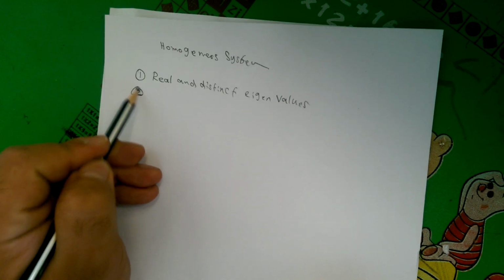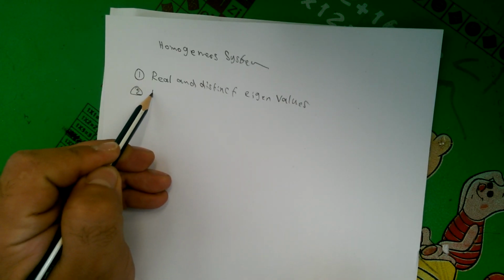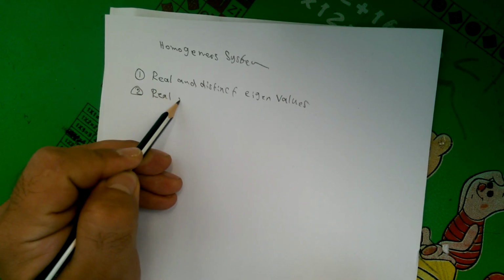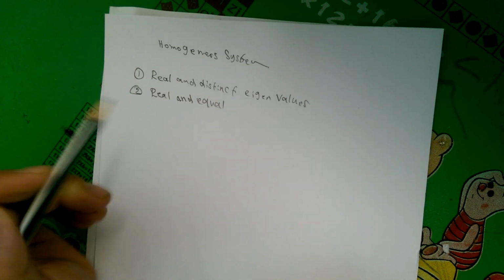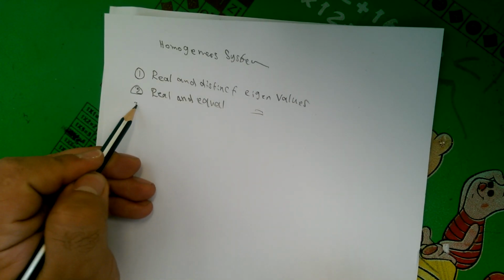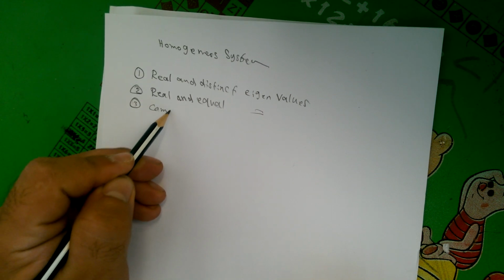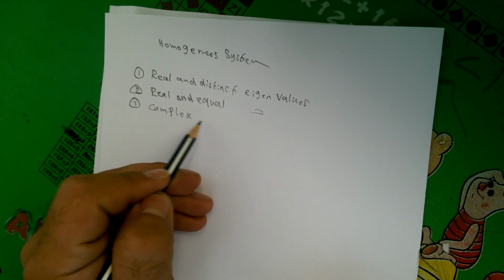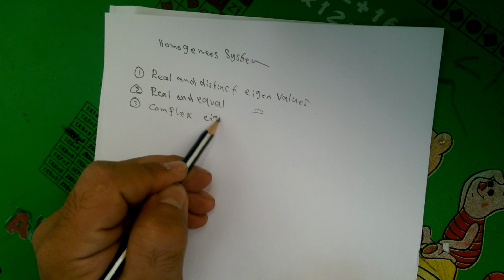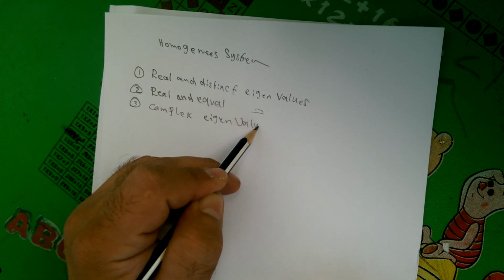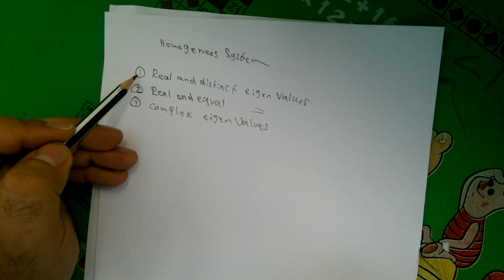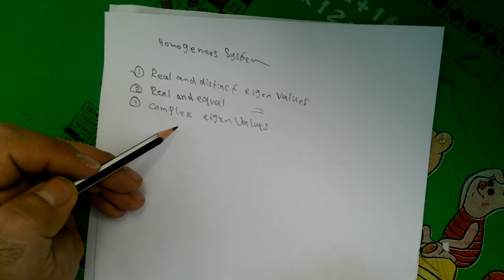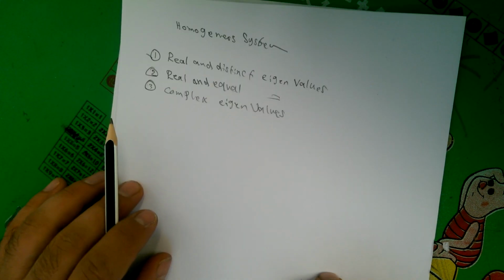The second case is real and equal eigenvalues, and the third case is complex eigenvalues. Today we are talking about the real and distinct eigenvalues, and we will take an example about it.